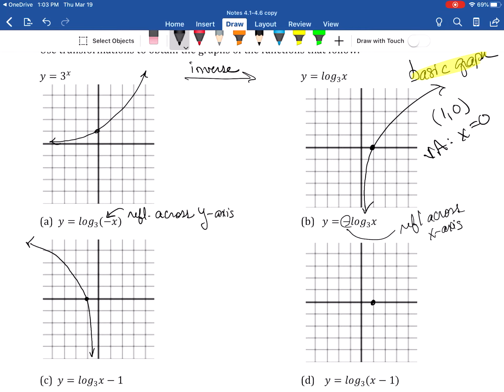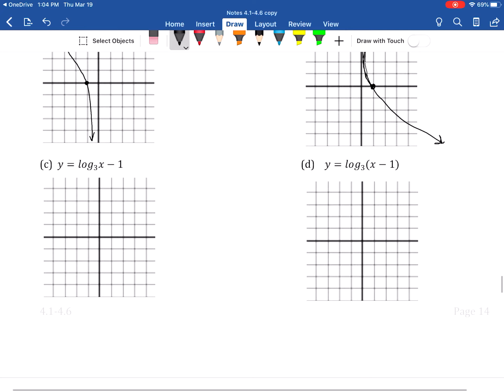Well, everything that was on the bottom from the graph directly above needs to go to the top, and everything that was on the top goes to the bottom. So that's something that it might look like.